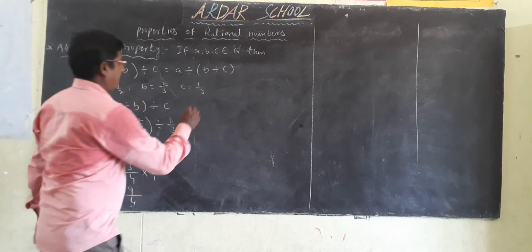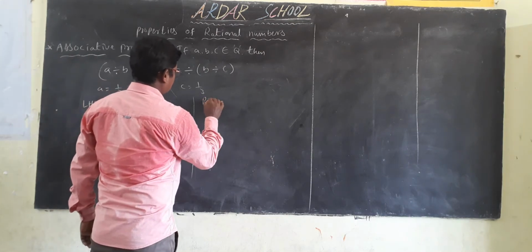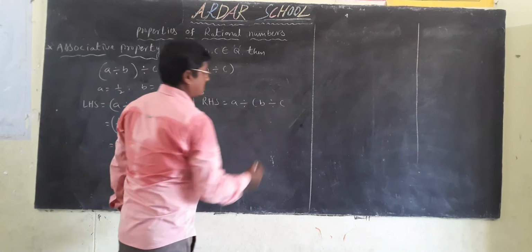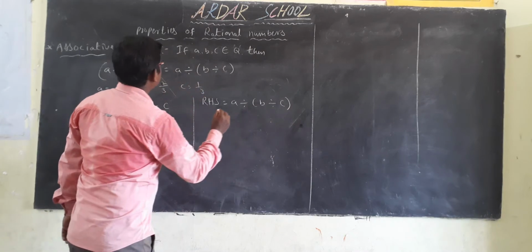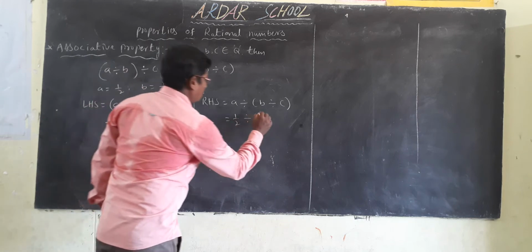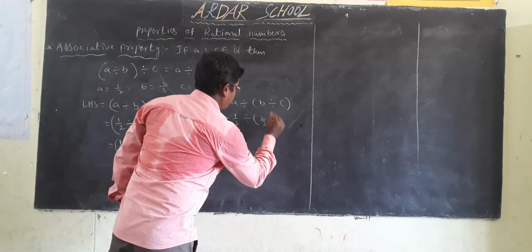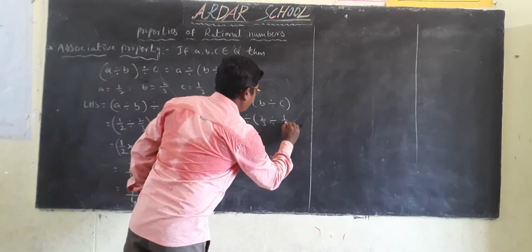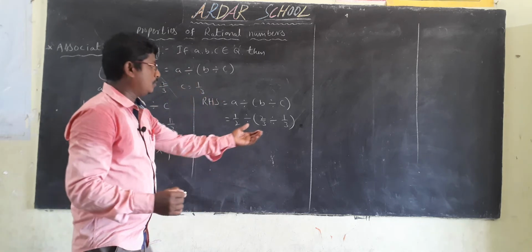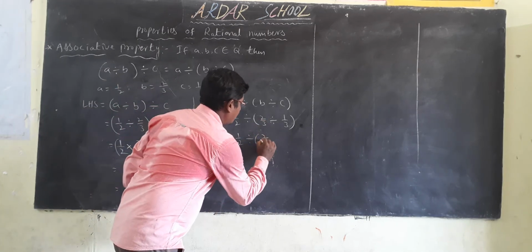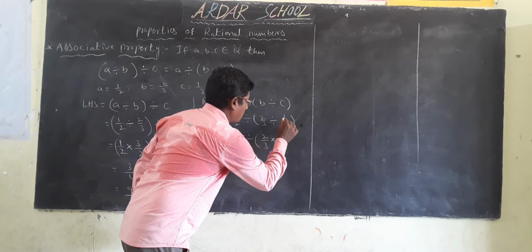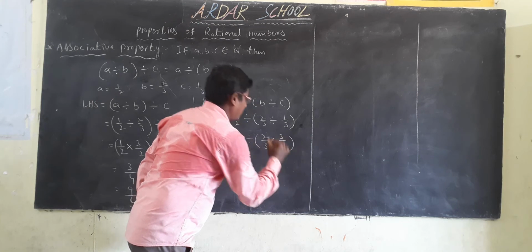Okay. Next, RHS. RHS is equal to a divided by b divided by c. a is 1 by 2 divided by b, 2 by 3 divided by c, which is 1 by 3. Here 1 by 2 is divided by, first you have to do these two: 2 by 3 division is converted into multiplication. Next write the reciprocal of 1 by 3, that is 3 by 1.